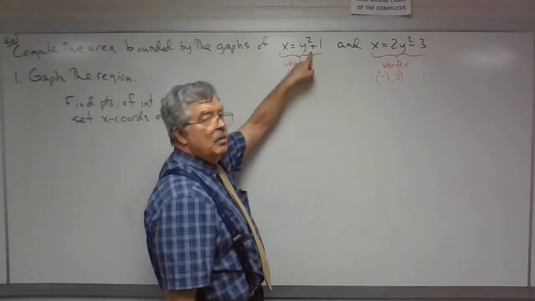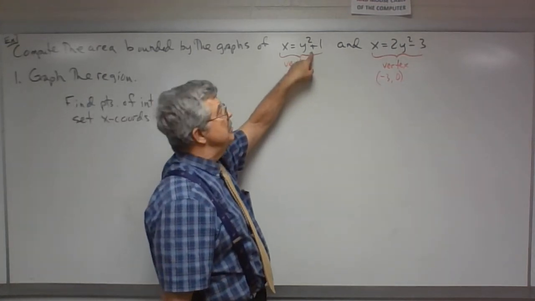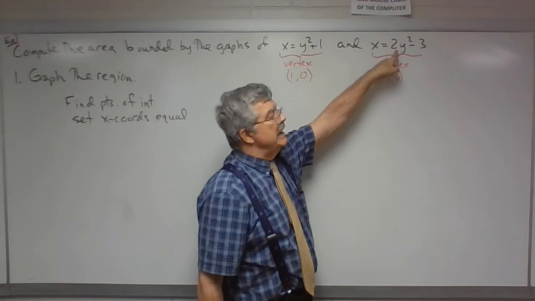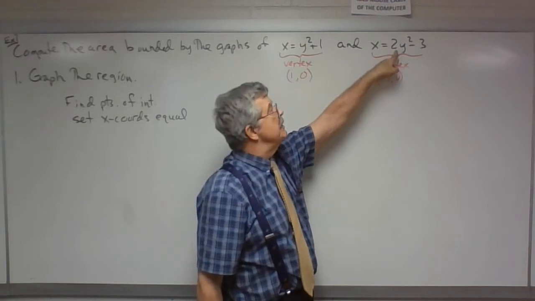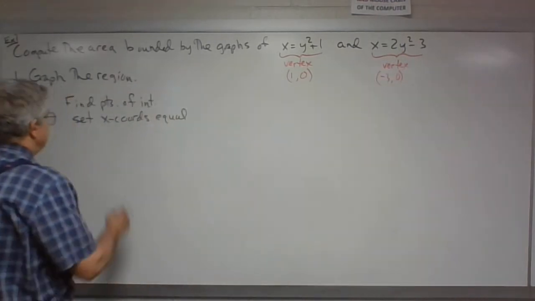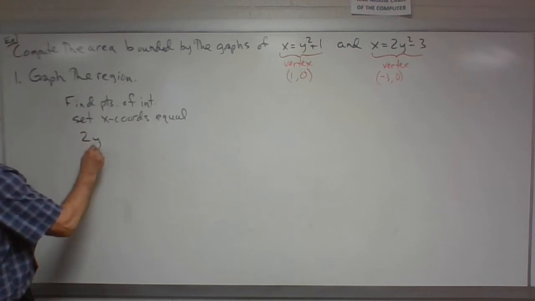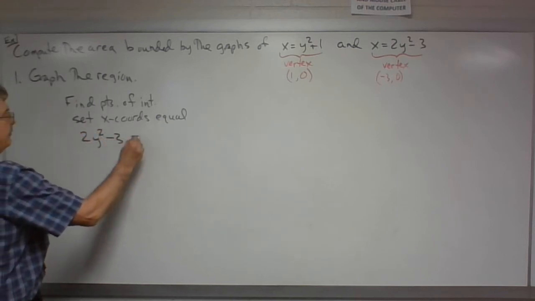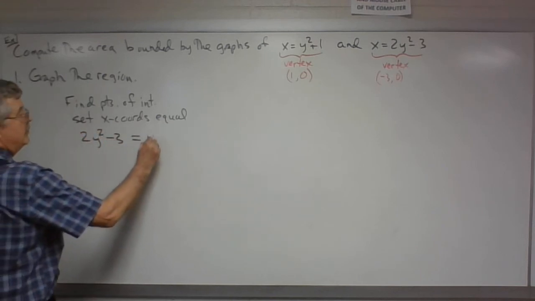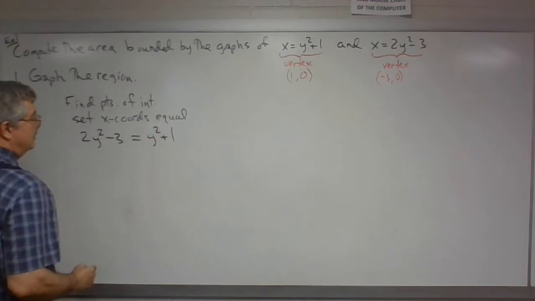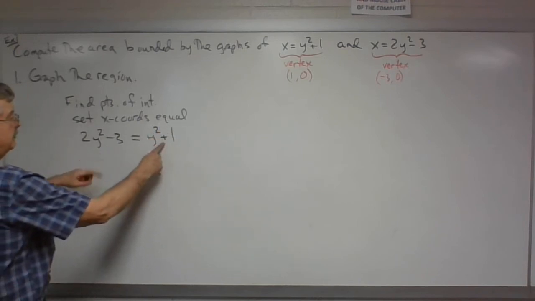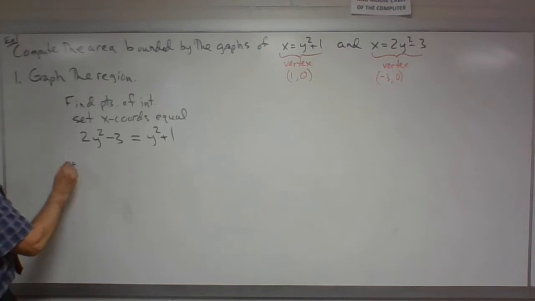Here's one x coordinate, y squared plus 1. Here's another x coordinate, 2y squared minus 3. We're going to set these equal to each other and solve for y.